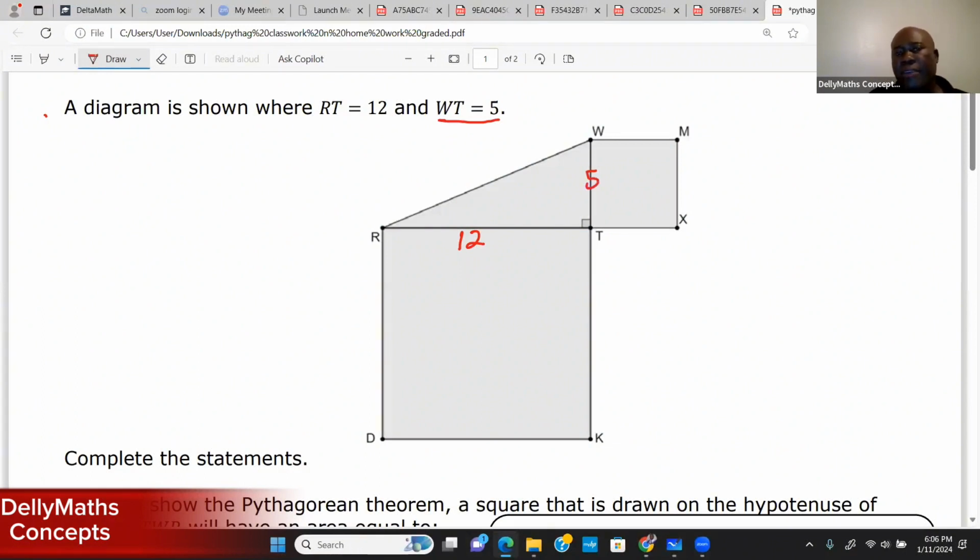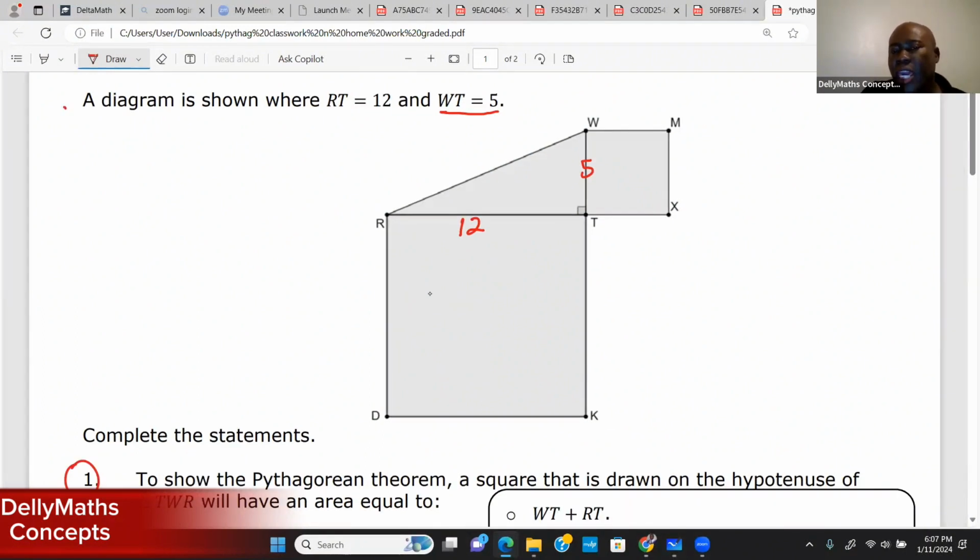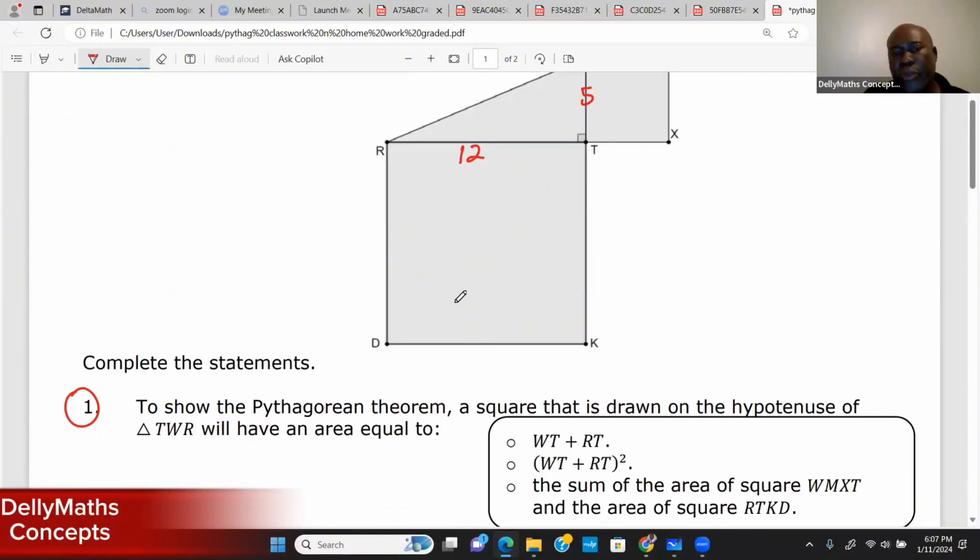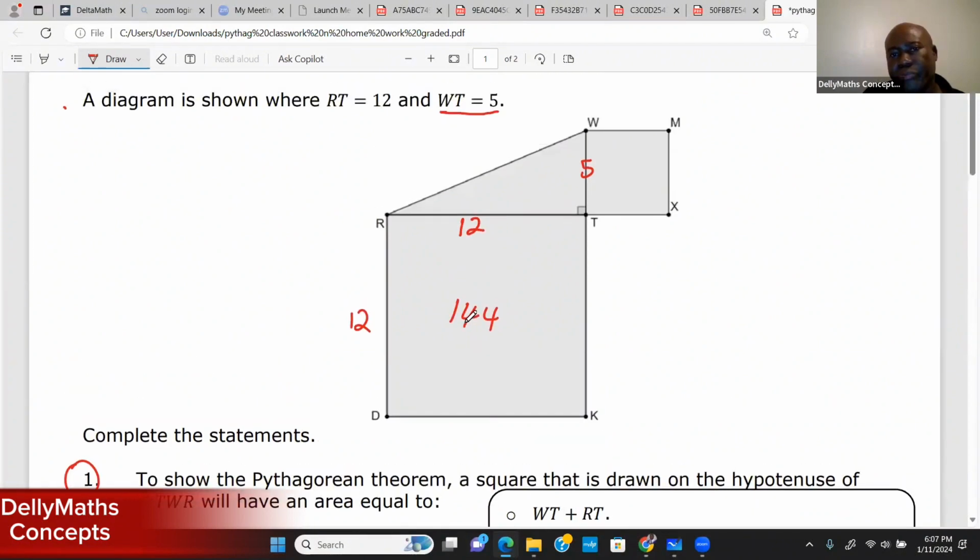All right, so having that labeled, the area created by the length of the longest side is always the sum of the area created by the shorter sides. For example, this is 144, 12 times 12, and this one here is going to give us 25, right?